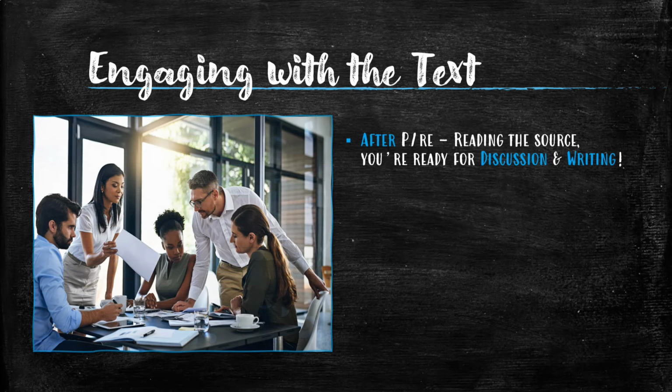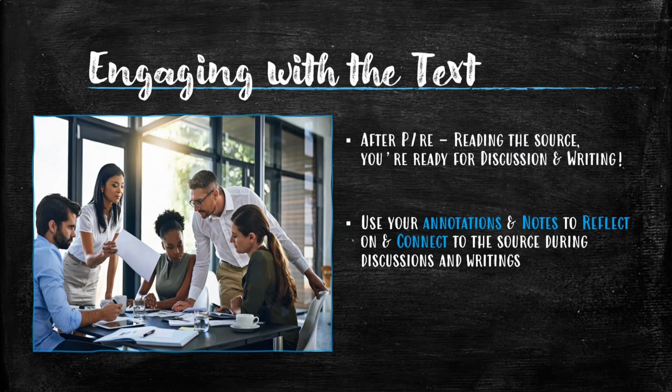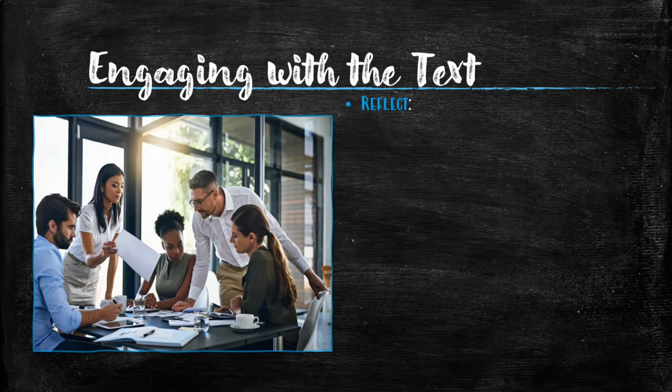After you pre-read, read, and reread the source, you can begin to discuss and write about the source. You will use your annotations on the text and your notes on separate papers to reflect on and connect to the source during those follow-up engagements. When you reflect on the source, you might ask, why do you agree or disagree with the arguments and ideas that have been presented?